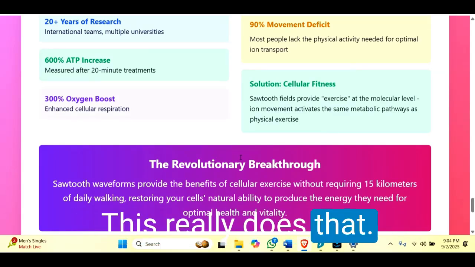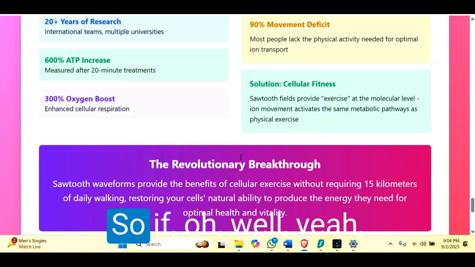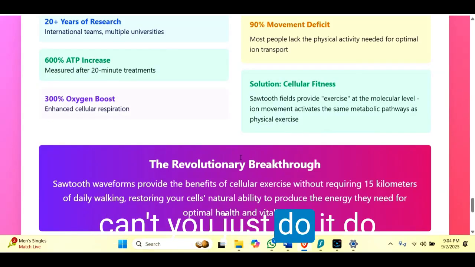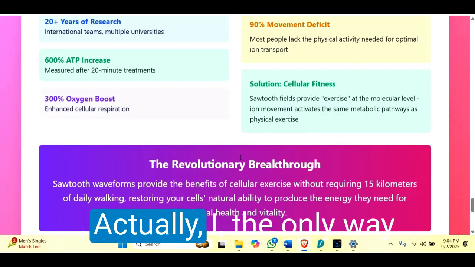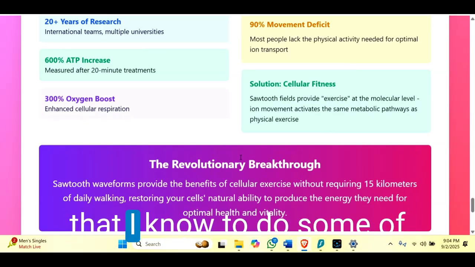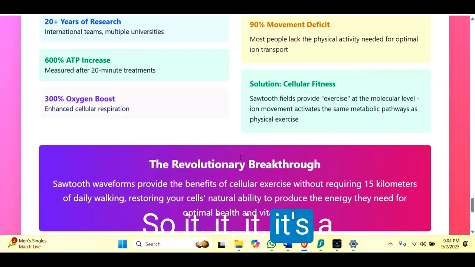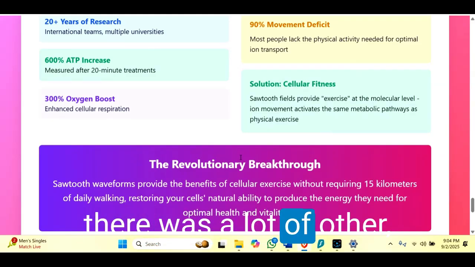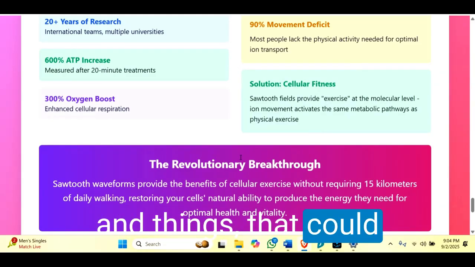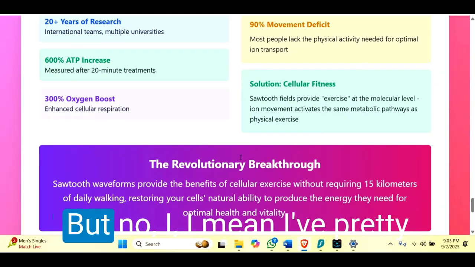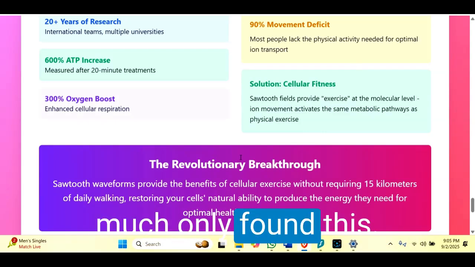This really does that? Yes. So, oh, well, can't you just do this over here, do that? No, actually, the only way after 15 years of research that I know to do some of these things is exercise. So it's a breakthrough. I wish there was a lot of other methods and technologies that could replicate this sort of effect, but no, I've pretty much only found this.